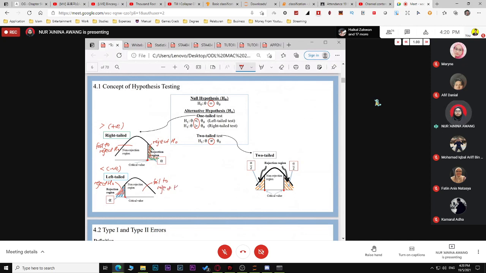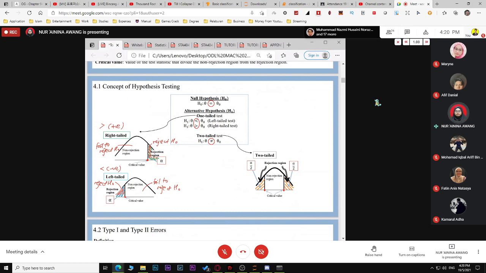Okay, and then for a one tail test, our alpha is only alpha. So when we write the critical value, our CV, the value is only alpha, no need to divide by 2. But if the case is two tail test, we have two-sided, for positive and negative side.